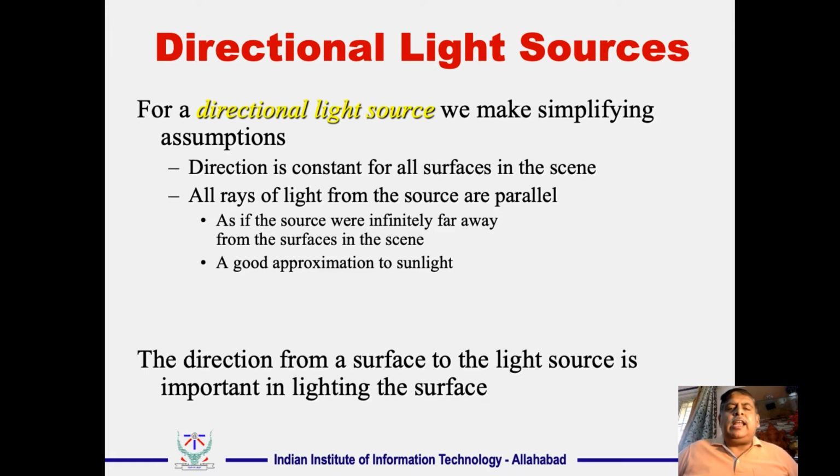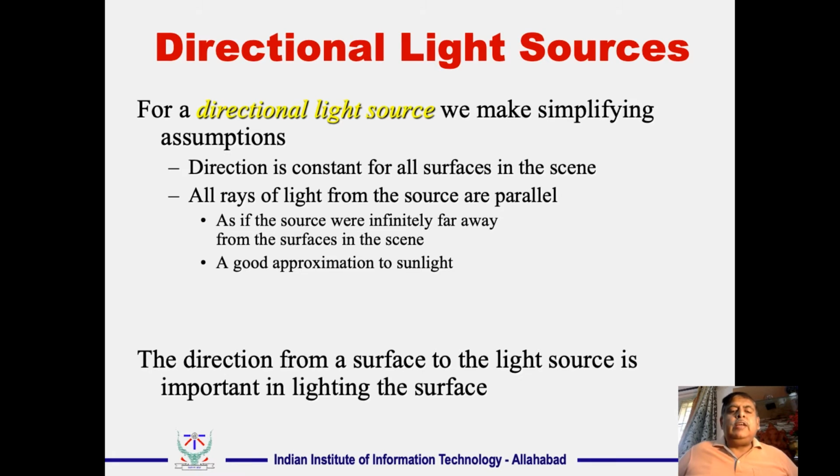For a directional light source, we make a simplifying assumption. The direction is constant for all surfaces in the scene. All rays of light from the source are parallel. To begin with, let us assume parallel rays hitting the surface, as if the source were at infinity, far away from the surface in the scene. A good approximation for sunlight.